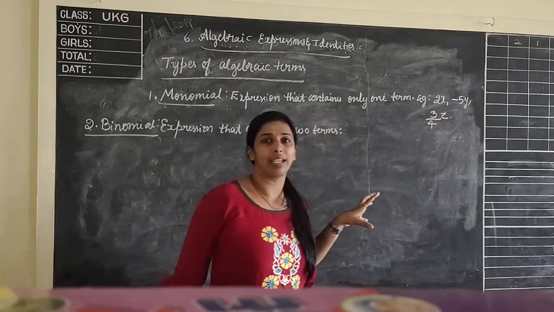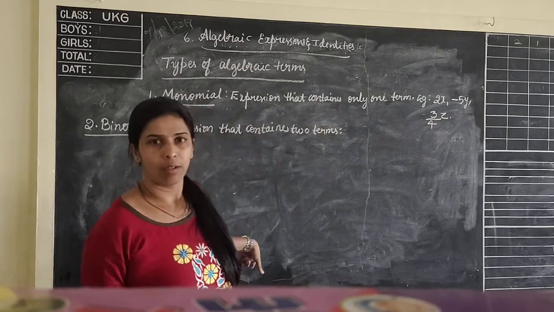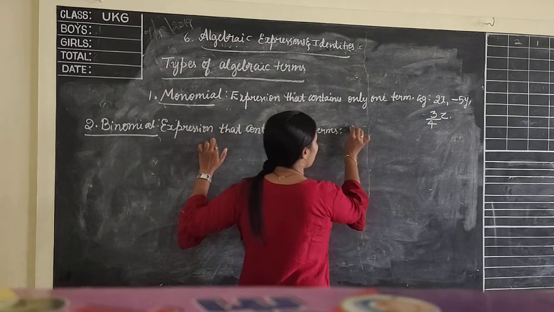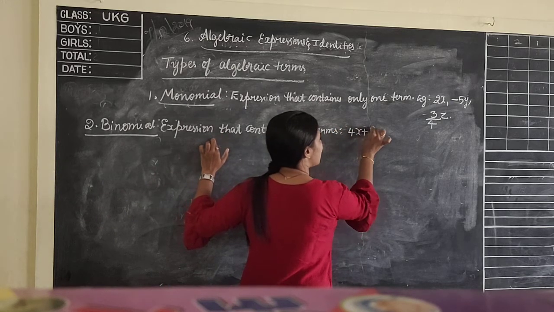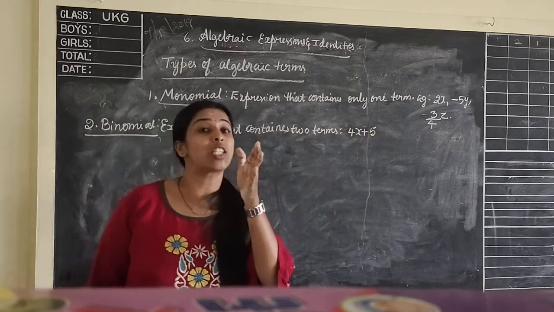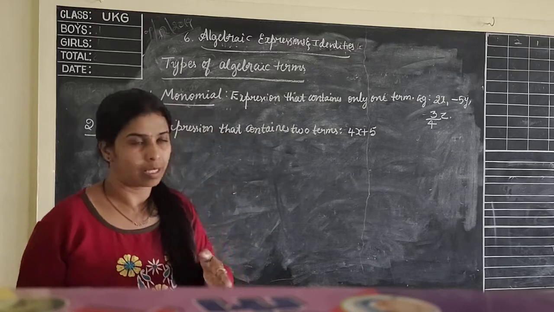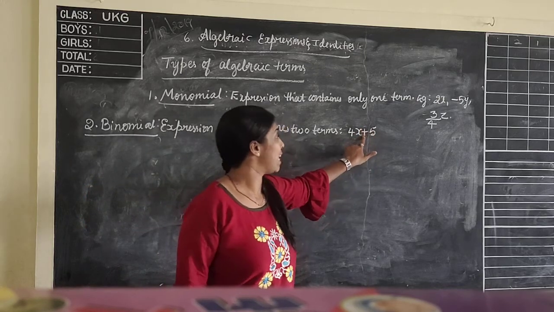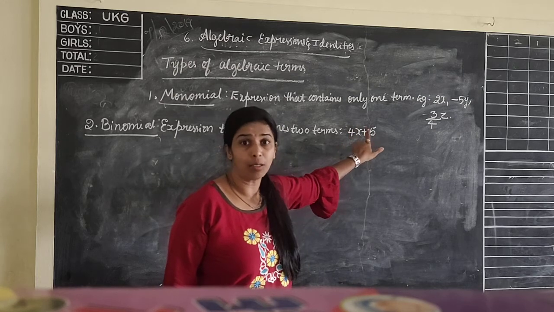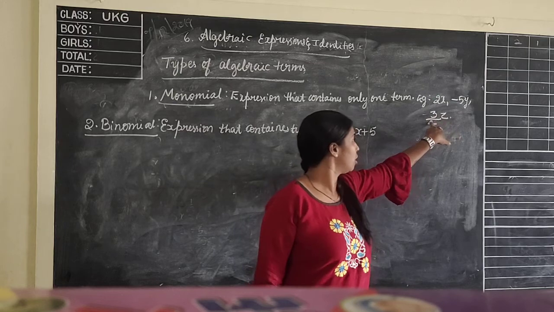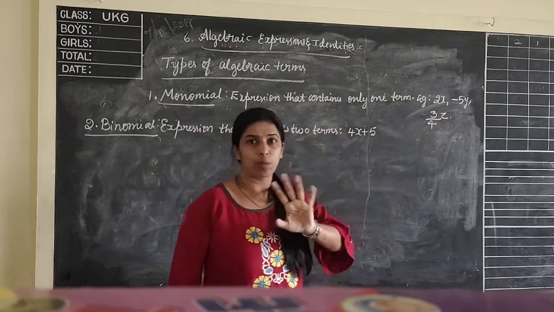How many terms are there? That says the types of the polynomial. This is an algebraic expression, 4x plus 5. Now we need a plus or minus sign in the middle. That splits the terms, 1, 2. If a plus or minus sign is there, the terms will split. Otherwise, multiplication and division will not split the terms.